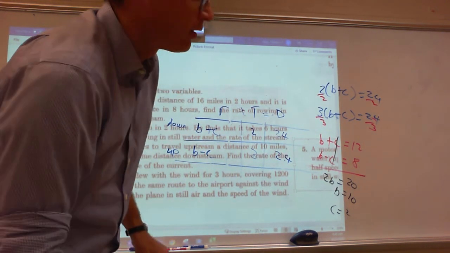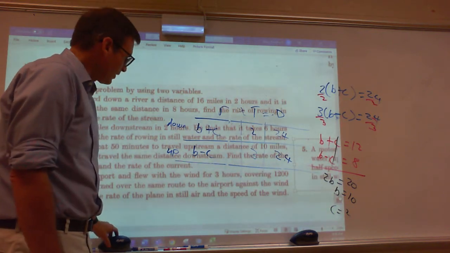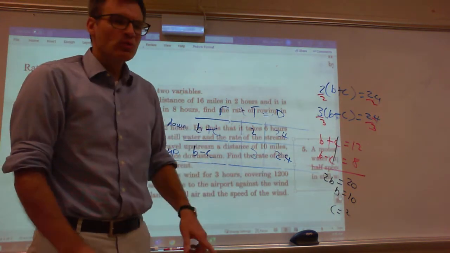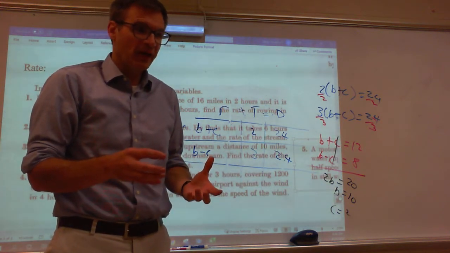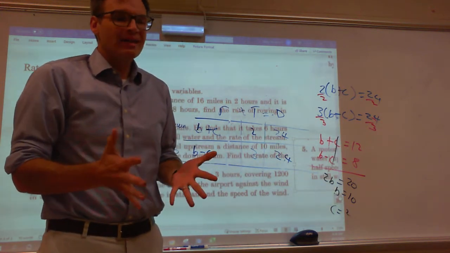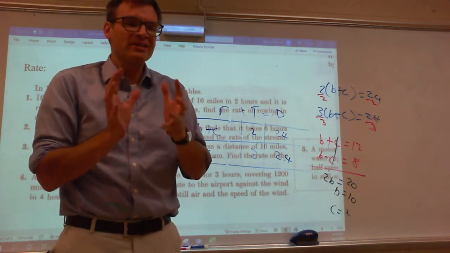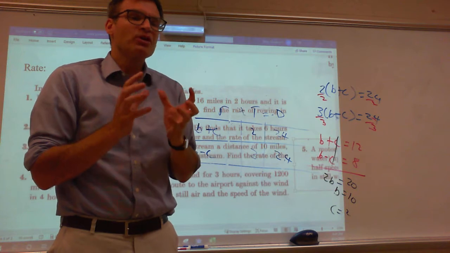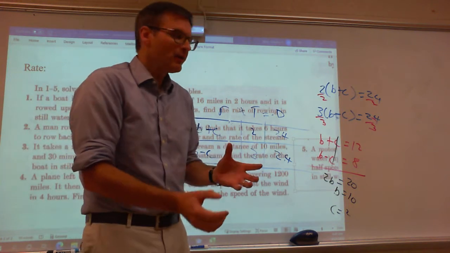Why did you use b plus c as downstream? Well, think of the effective rate of the boat. The boat by itself, with no current impacting at all, has a certain rate. But if you put it in the water, the water has a current, so the current is helping.